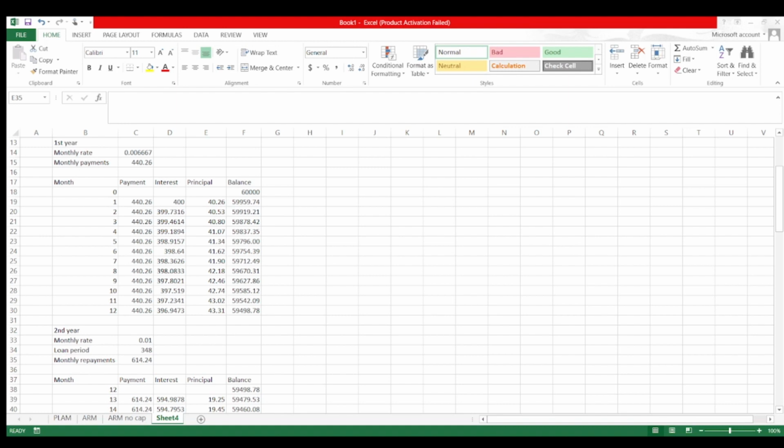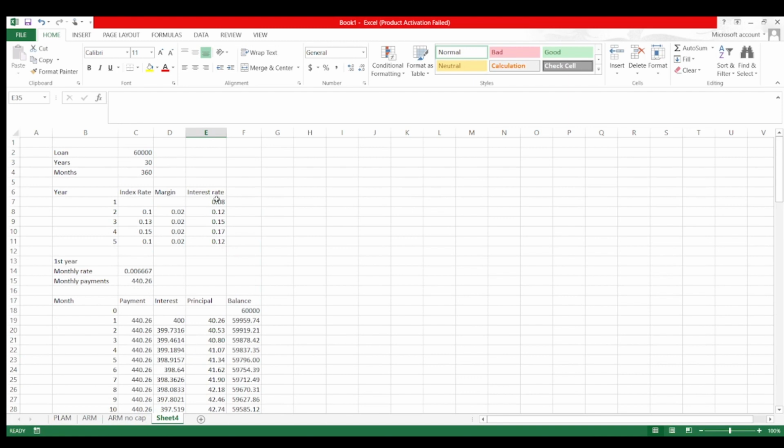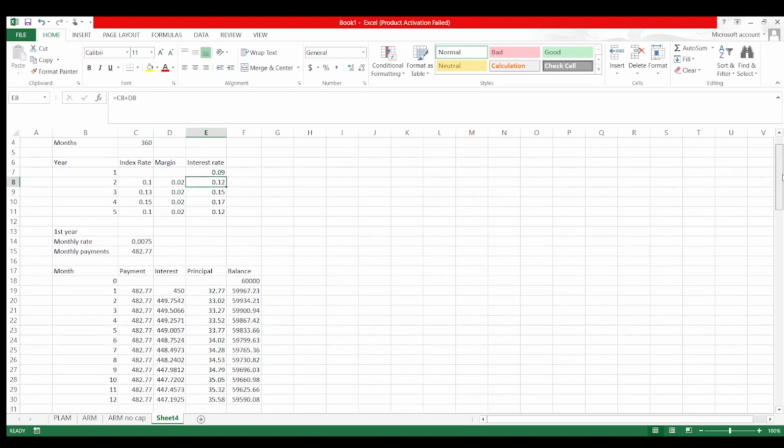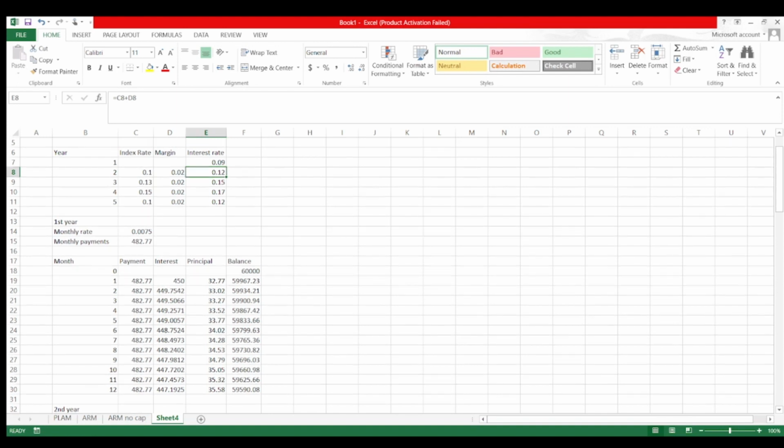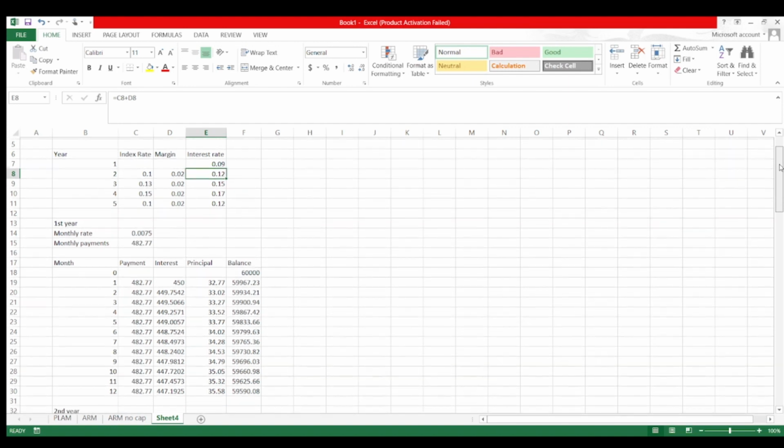For example, using our earlier problem, if you assume that for the first year the interest rate is 9%, and there's a cap of 7.5%, this means that in the event that the monthly payment increases by more than 7.5%, we ignore the additional payment and only pay the additional 7.5% over and above the previous payment.